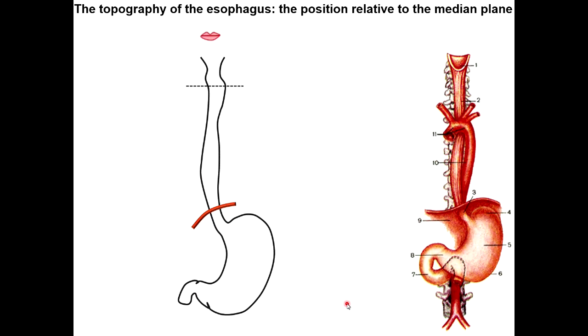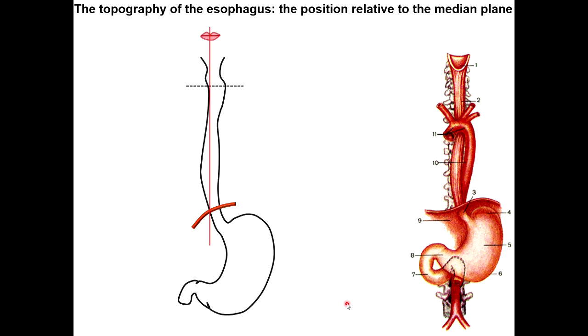The next very interesting question is position of esophagus according to the median plane. Esophagus is quite long tubular part of alimentary canal.